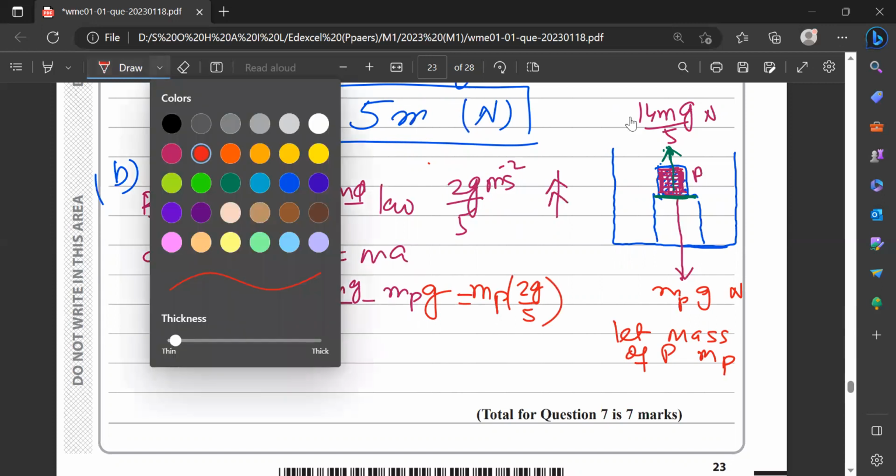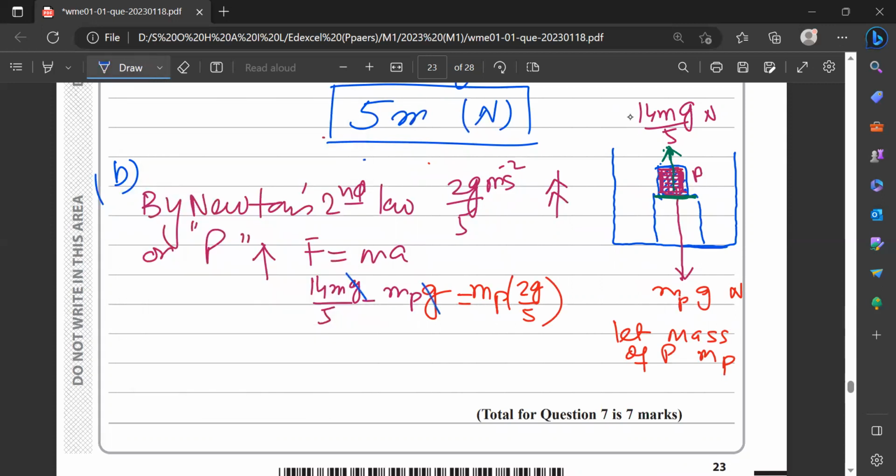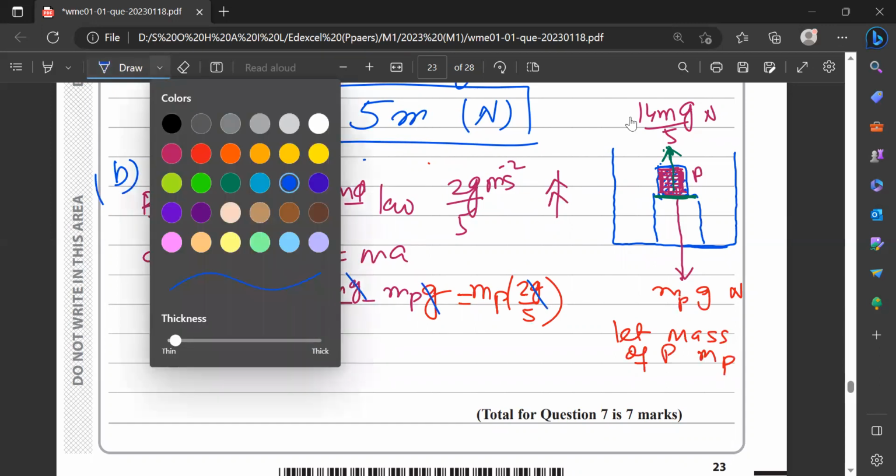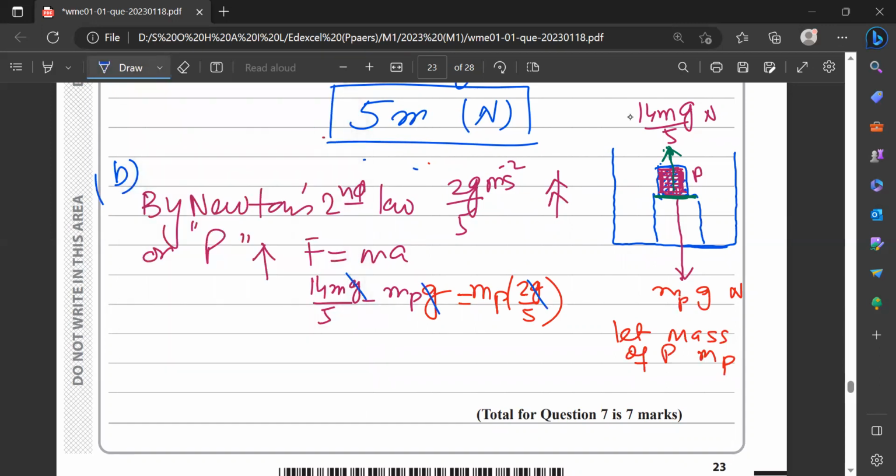I can simplify. g is common throughout, just cancel it. We have 14 over 5, which is 2.8 m, minus mp, equals 0.4 mp. So 2.8 m equals 1.4 mp.